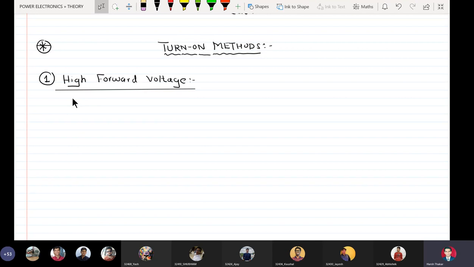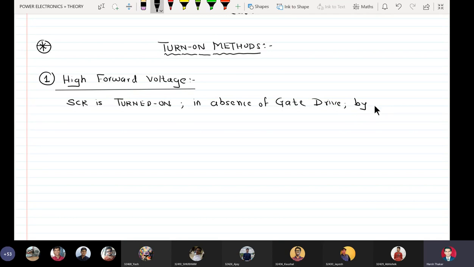High forward voltage means SCR is turned on in absence of gate drive, by making the input voltage E in greater than or equal to breakover voltage.